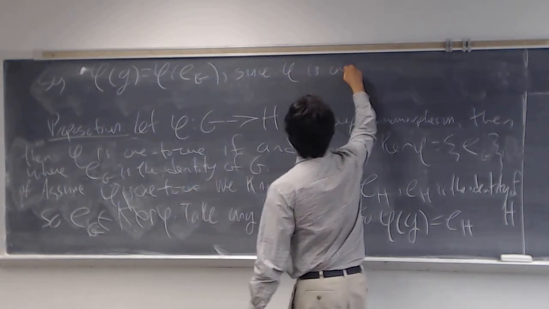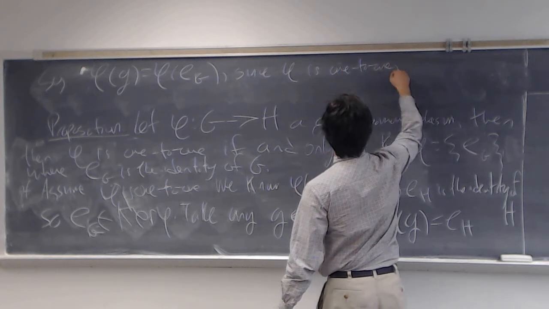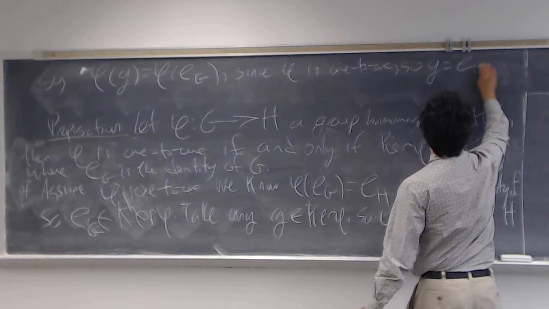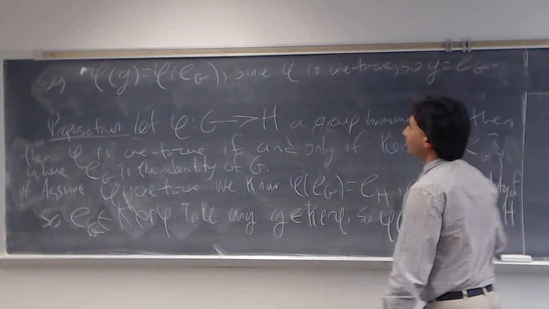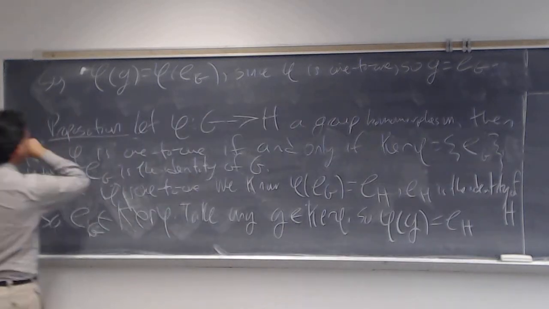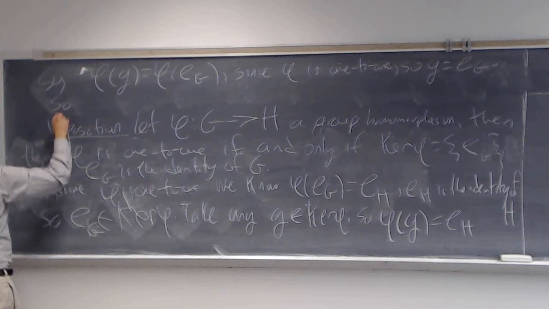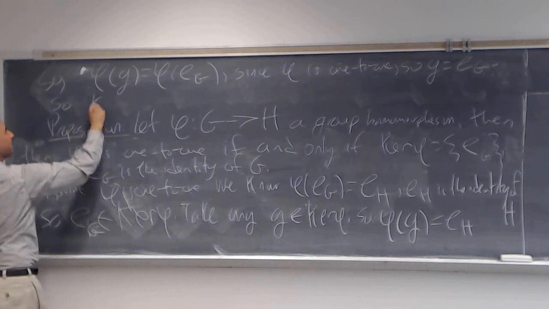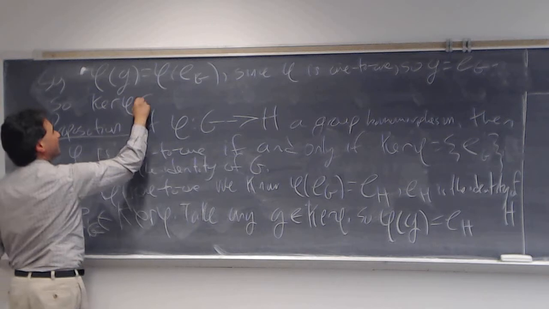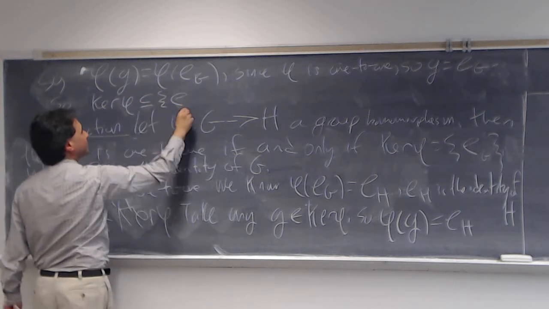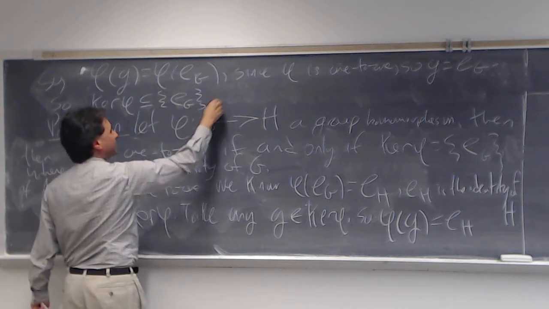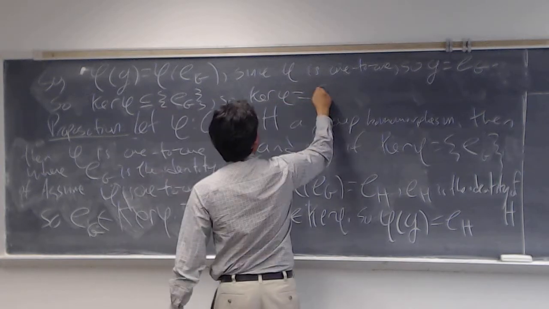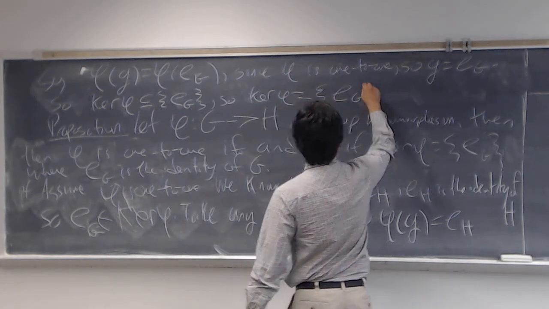We're assuming the mapping is one-to-one, so that says g must be the identity. g was just an arbitrary element in the kernel, so that tells us that the kernel of phi has to be entirely contained within this one element set of the identity. And so clearly we have the other containment, so these two sets are equal.